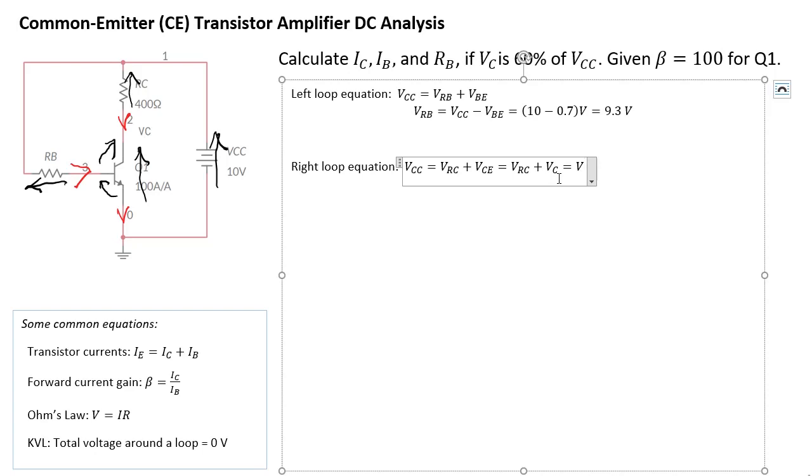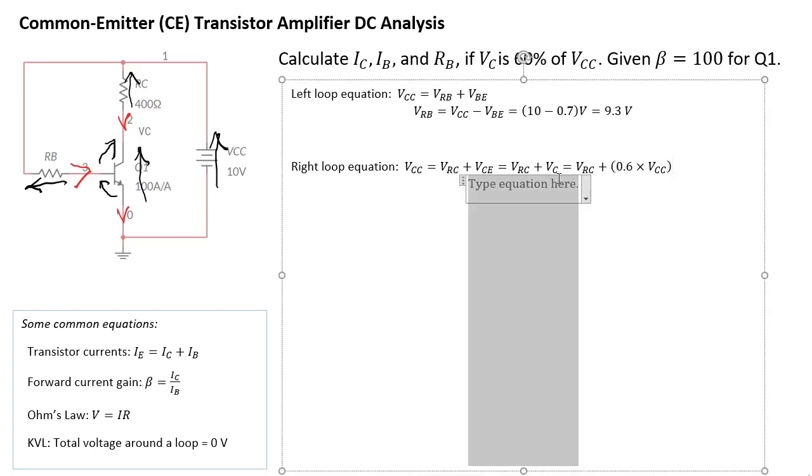So VRC plus 0.6 times VCC is what VCC is equal to. So then we can work out what VRC is.